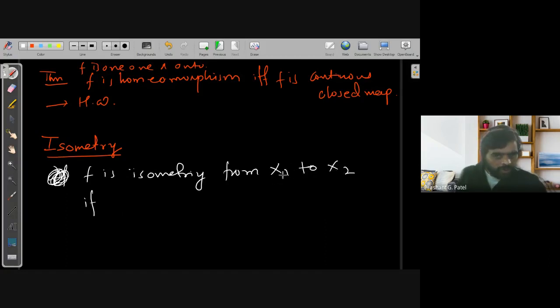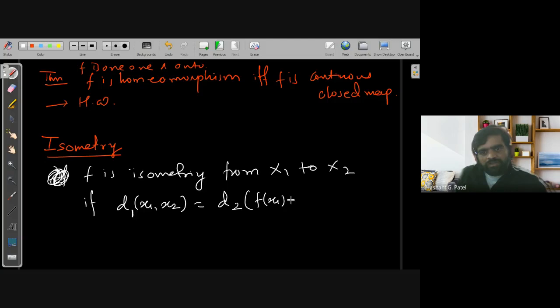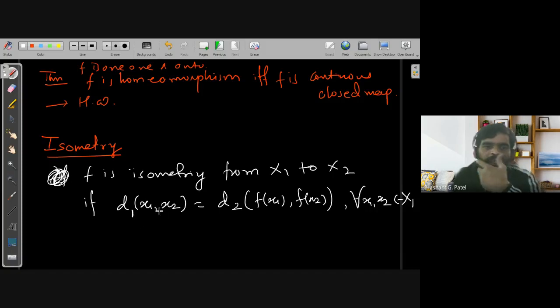That means whatever the distance between two points is here, the same is the distance of their images. The metric on x1 is d1 and the metric on x2 is d2. Then this distance should be the same for every pair of points in x1. So for every pair, if the distance is the same, then it's called an isometry.